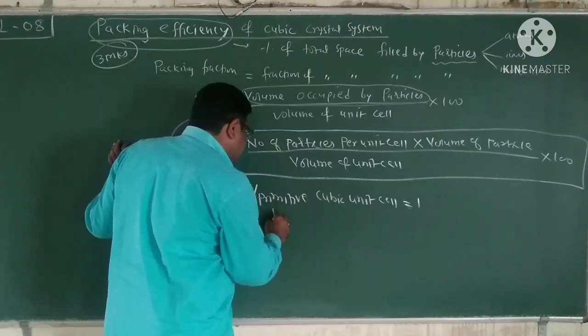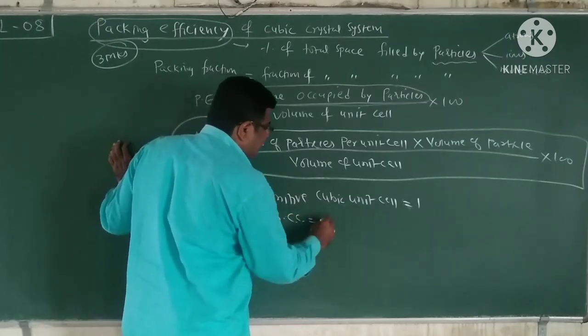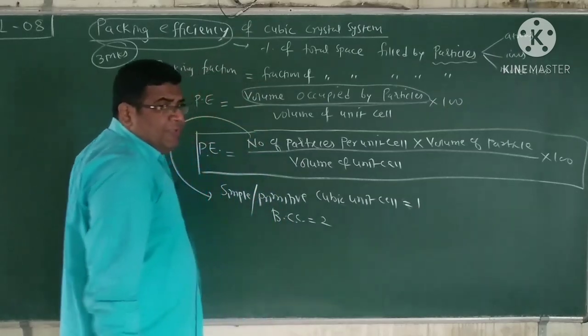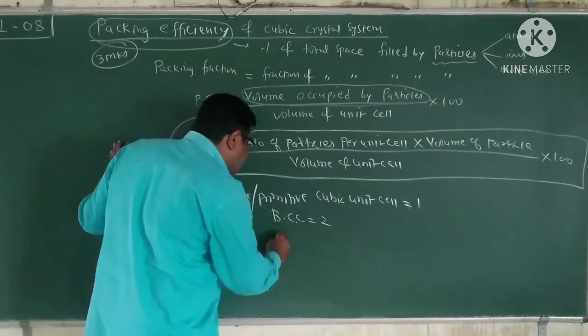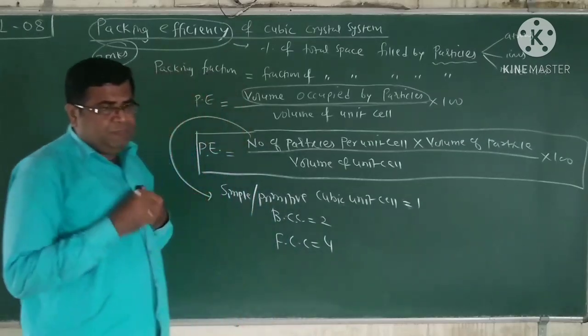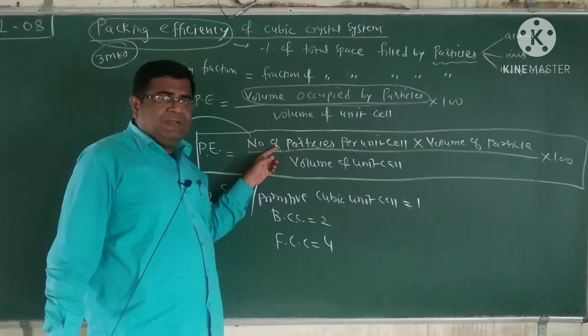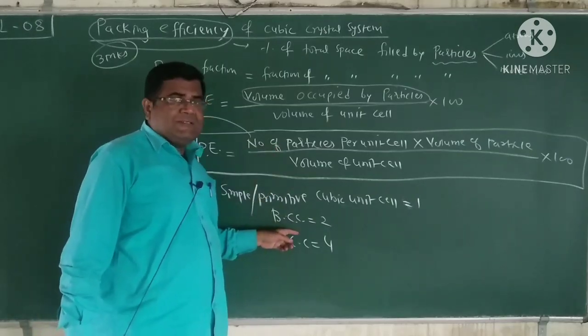If it is a body centered cubic unit cell, it is 2. And if it is a face centered cubic unit cell, it equals 4. So this part, number of particles per unit cell, is already known to us.